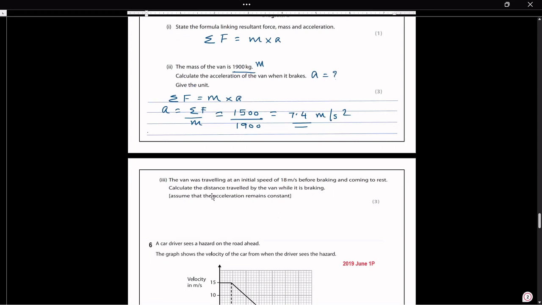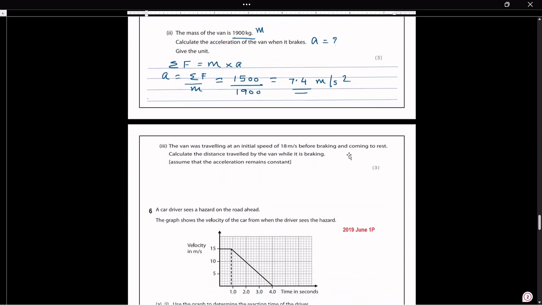Now the next part of the question is, the van was traveling at an initial speed of 80 before braking and coming to rest. So the initial speed, let us represent this by U, and coming to rest, the final speed V. Calculate the distance traveled by the van while it is braking. Assume the acceleration remains constant.